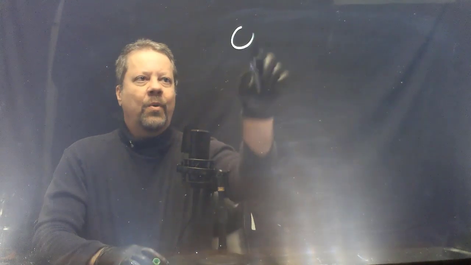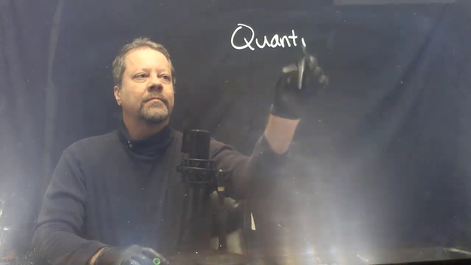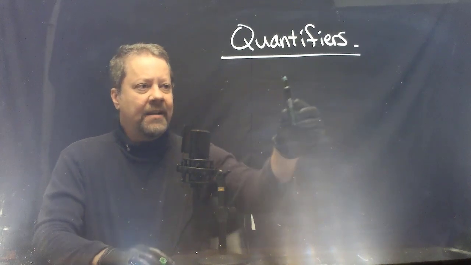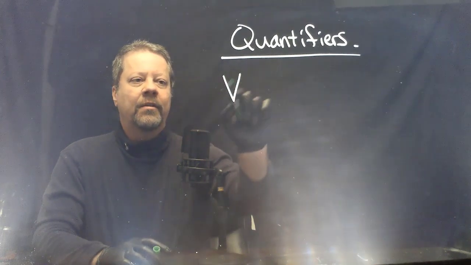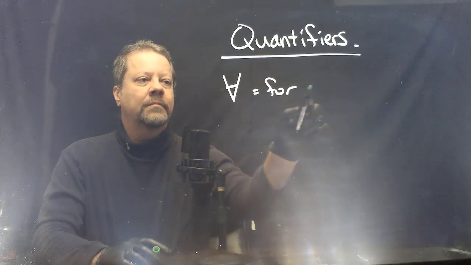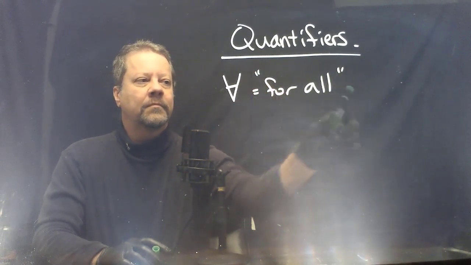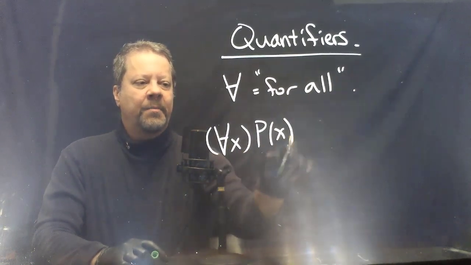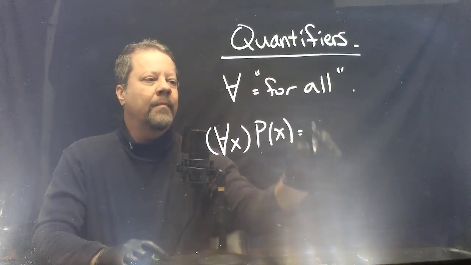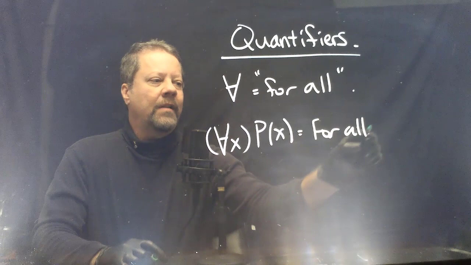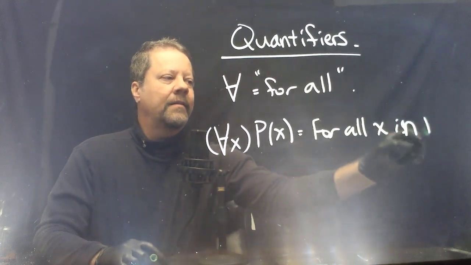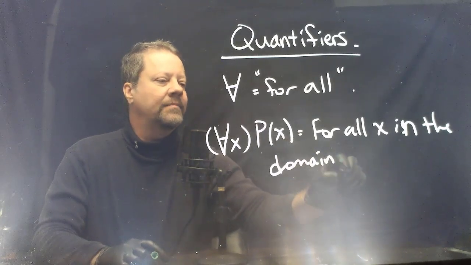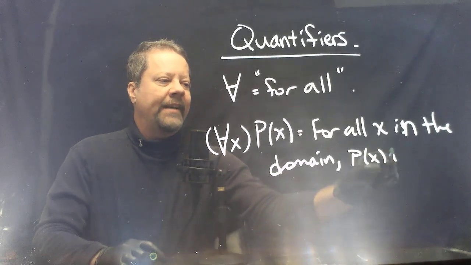So we now introduce quantifiers. The first and one of the main quantifiers is for all. So if I write for all x, p of x, I'm saying for all x in the domain that I'm considering for this predicate, p of x is true.